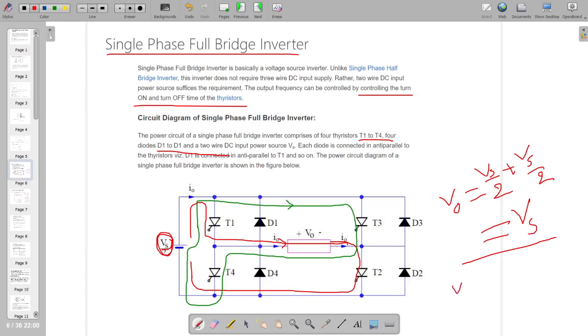In the second case, V naught is equal to minus Vs because the current direction is reverse to the polarity of the load voltage.